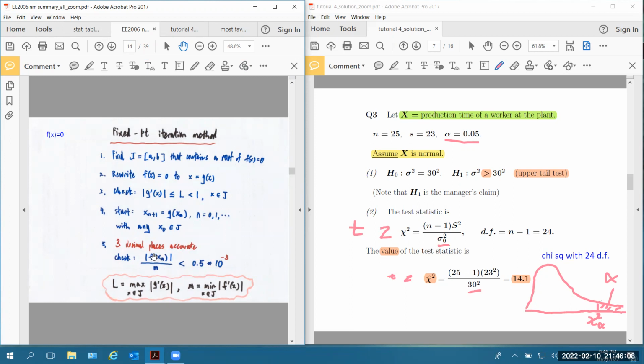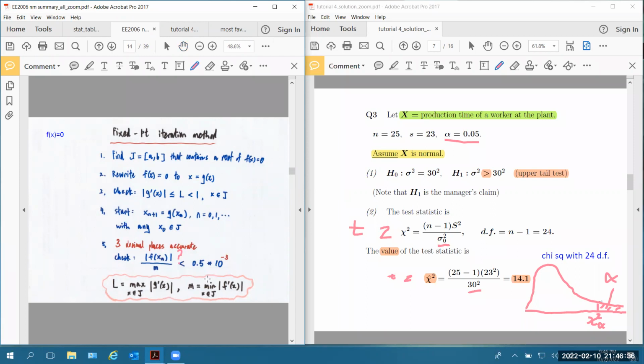So what we check is, for our iterate xn, is the absolute value of f(x tilde) divided by m less than 0.5 times 10 to the power minus 3? The 3 here is because we want 3 decimal places accuracy. So actually this one is a question mark. You need to go and see.